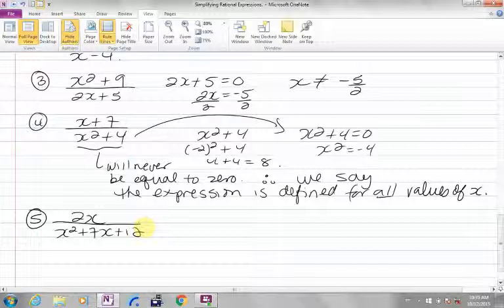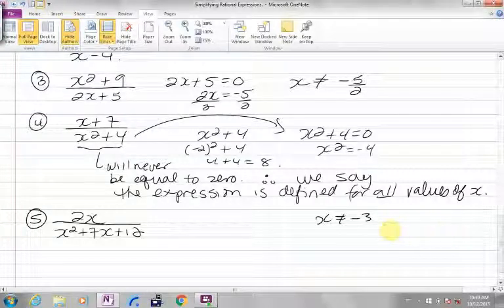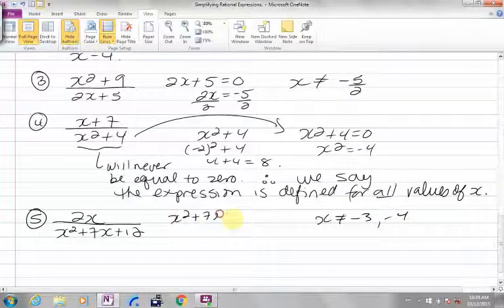Dylan? Anything else? Anything else? You got half of them. There's another one. Say that again? Absolutely. Because we want to know when is x squared plus 7x plus 12 equal to 0. Well, what is that? It's a quadratic equation. How do we solve quadratic equations? We factor.